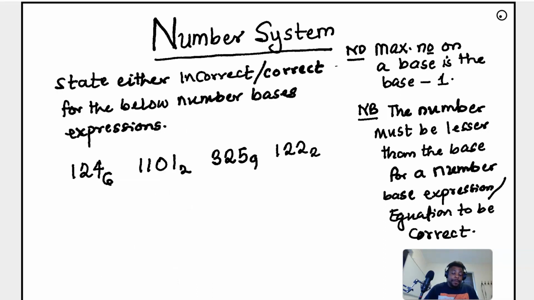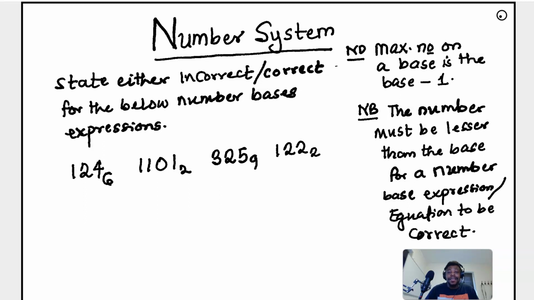Okay, now the question says state either incorrect or correct for the below number bases expressions. I want you to take your time and tell me each of these expressions if it is correct or incorrect. You have 5 seconds to do that.